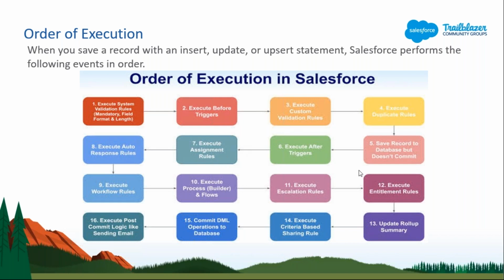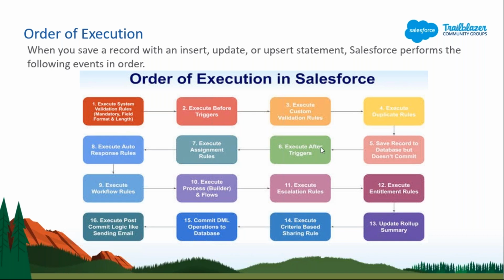So this is very, very important. In every single interview, there are 80% chances that the interviewer will be asking this question: what is the order of execution? If you don't remember all of these things, no problem at all.